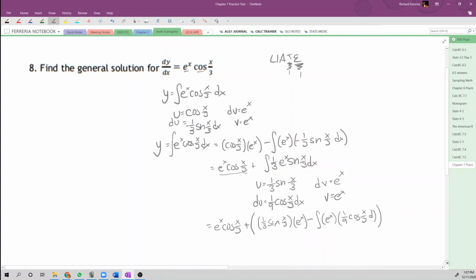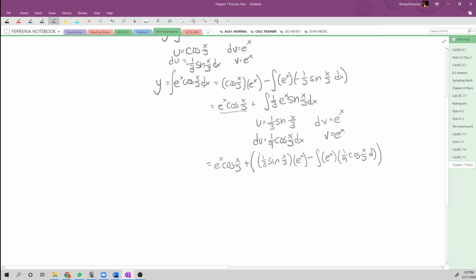Close off that parenthesis and let's simplify this. e^x cosine x over 3, can't do anything about that. But over here, we've got that 1/3 e^x sine x over 3, and this is going to stay minus. Then we'll put that 1/9 on the outside: 1/9 the integral of e^x cosine of x over 3 dx.